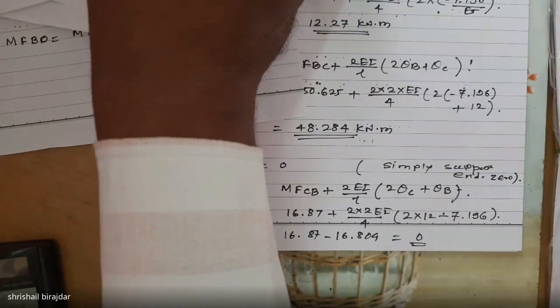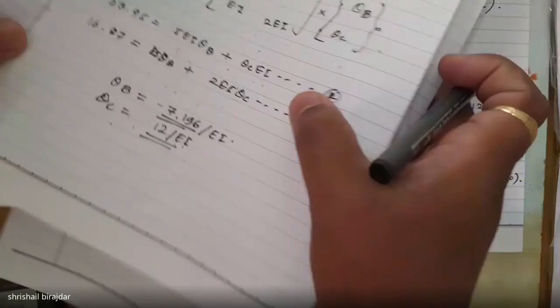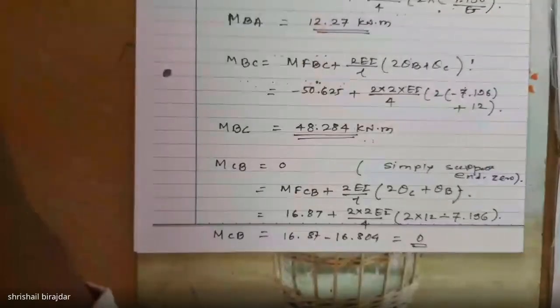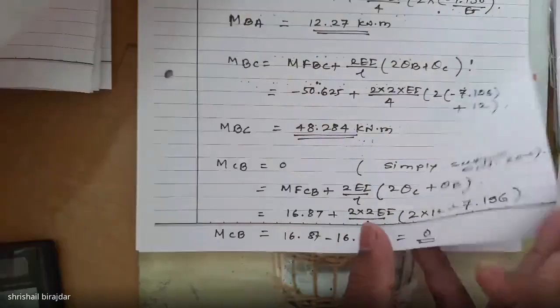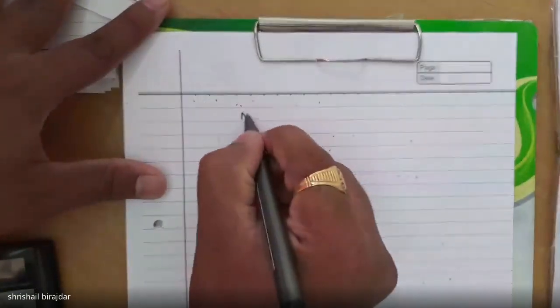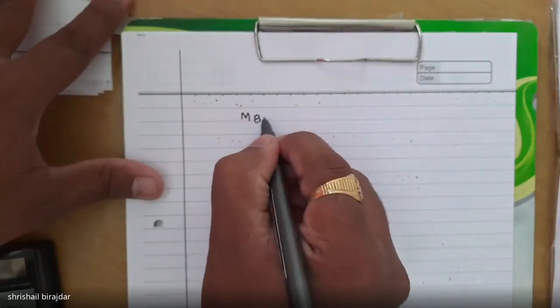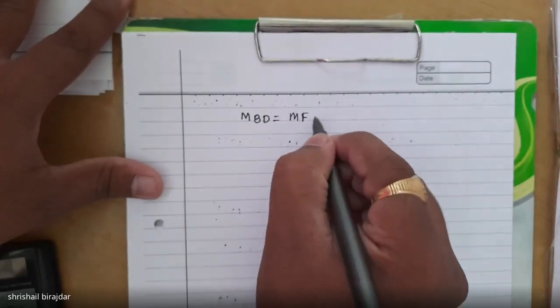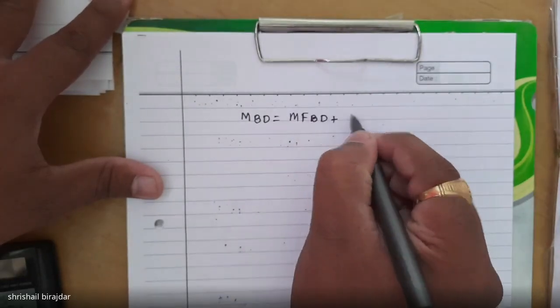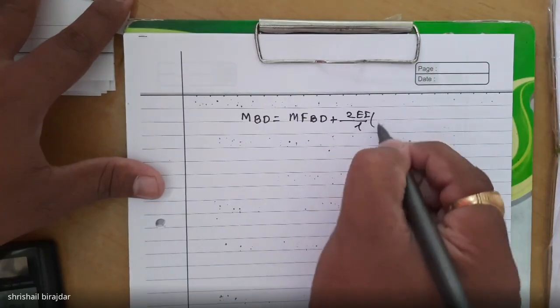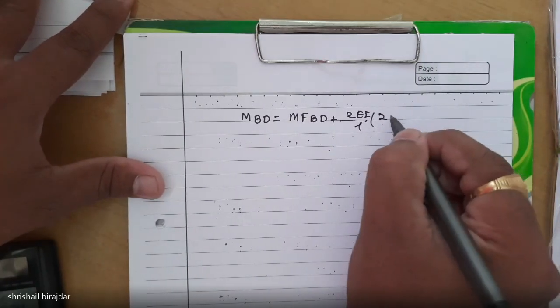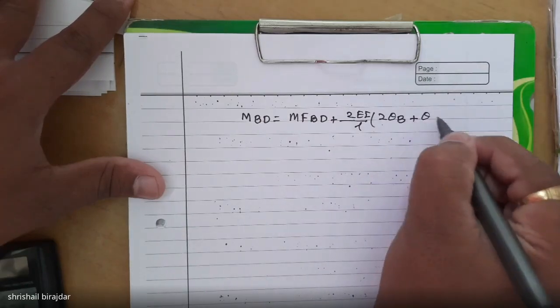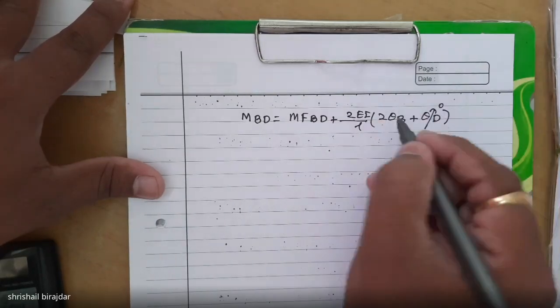Then followed with the moment M BD. It is equal to MF BD plus 2EI divided by L into 2 theta B plus theta D. Here theta D is 0, theta B is present.